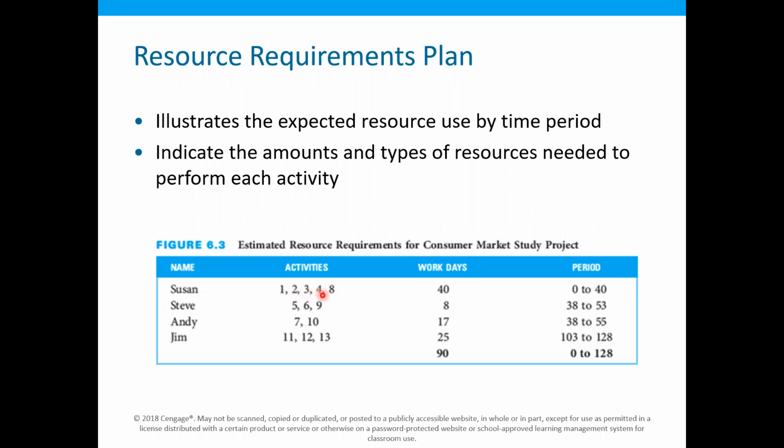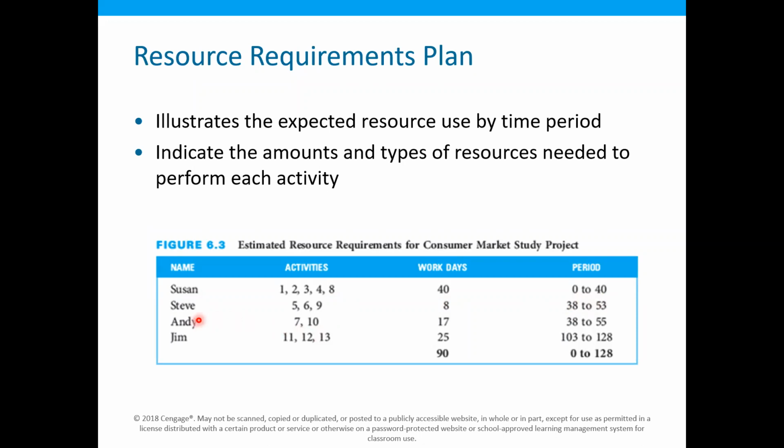Okay, so in this way, we can see in this resource requirements plan that the resource may work for 40 days on that project. And from when to when? When we schedule the project, there will be a duration along the project. So this resource may be needed from the beginning to the end of the 40th day.